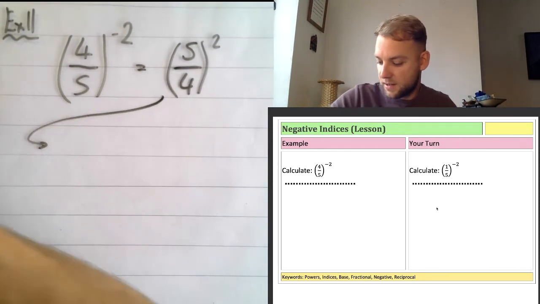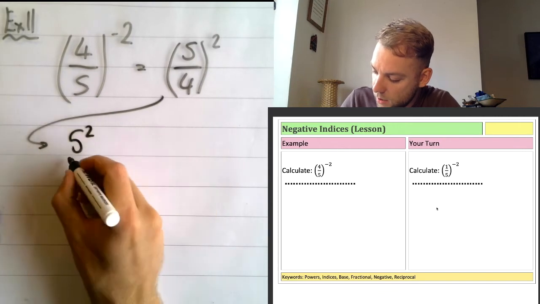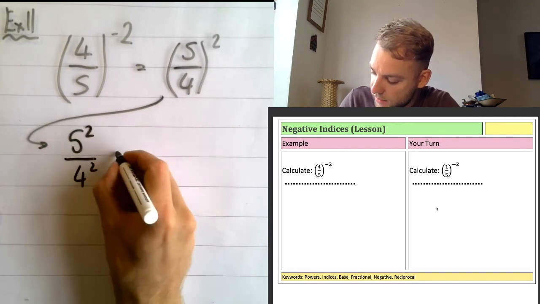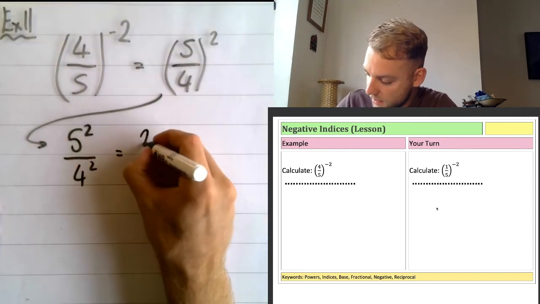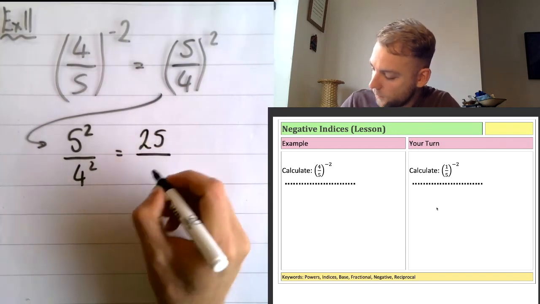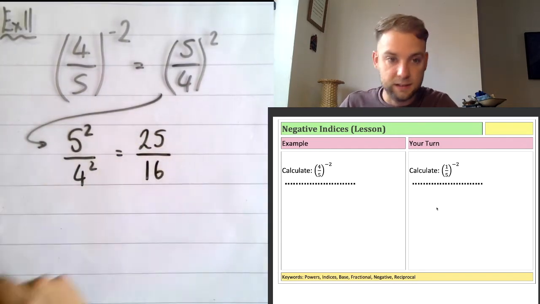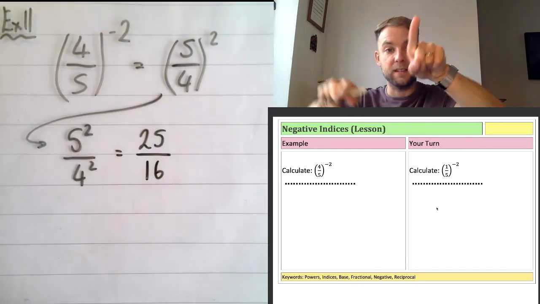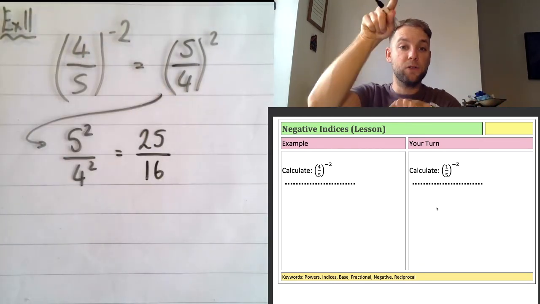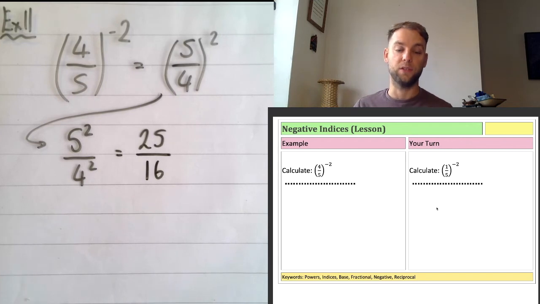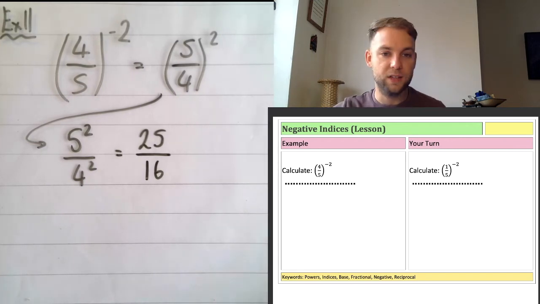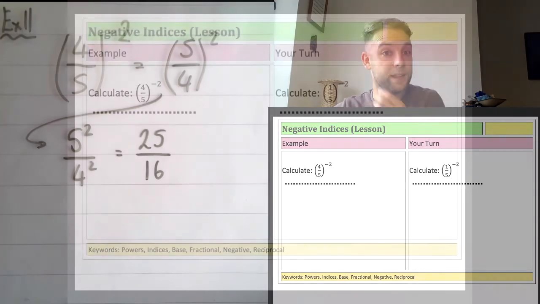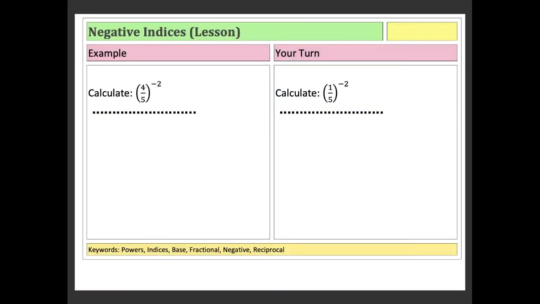So this is the same as saying 5 squared over 4 squared. 5 squared is 25. 4 squared, 16, like so. And done. So negative means I flip, then I put the powers on the top and bottom, then I do the powers and square them. Brilliant. So, pause now and have a little go at that one on the right-hand side.